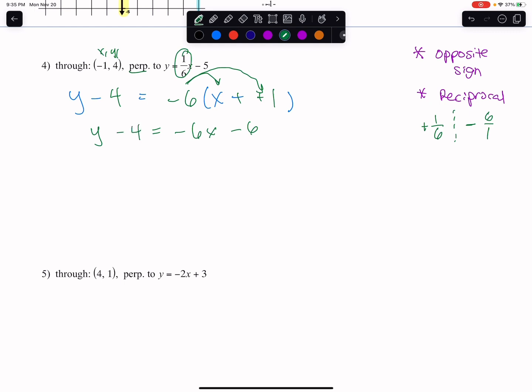And then one final step, because we want to isolate the y, I'm going to add 4. y equals negative 6x. Negative 6 plus 4 is a negative 2.